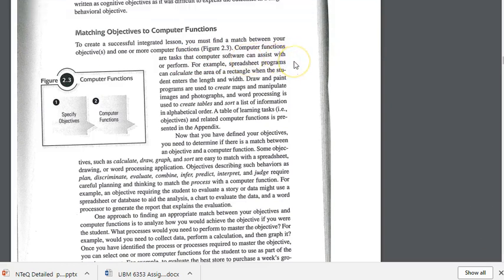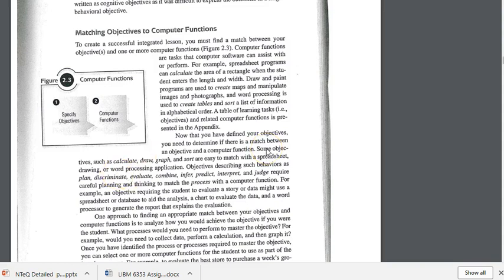So for example, any type of spreadsheet program, whether you're using Google Sheets or Excel, can calculate the area of a triangle or a rectangle when the student enters, I guess that would be a rectangle, length and width. Any type of draw or paint programs can be used to create maps, manipulate images and photographs. Any type of word processing can help you create tables, sort a list of information in alphabetical order.